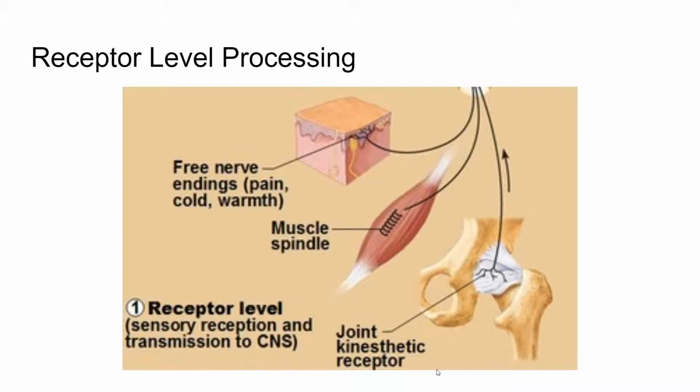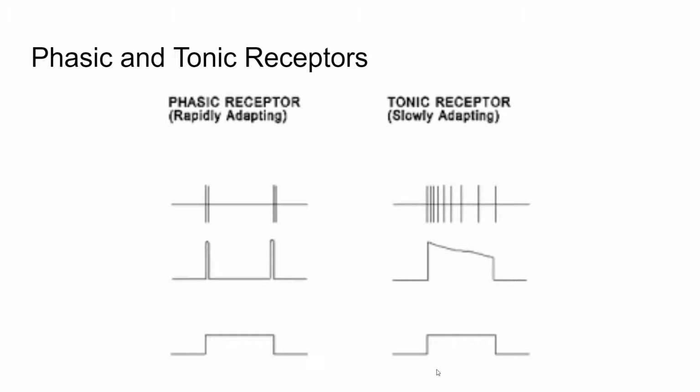But this isn't just a general receiving. All the things that we receive require this energy transfer in order to cause that action potential to occur. All right, and there are 2 kinds of receptors. There are phasic and tonic receptors.